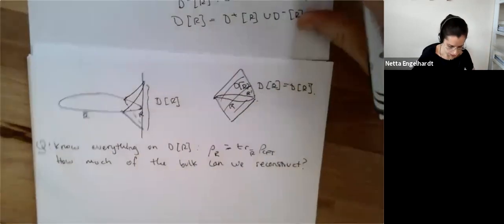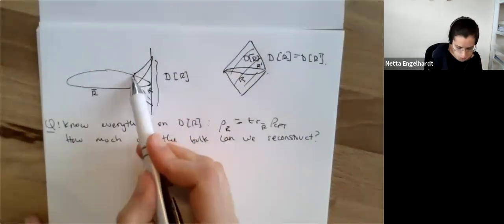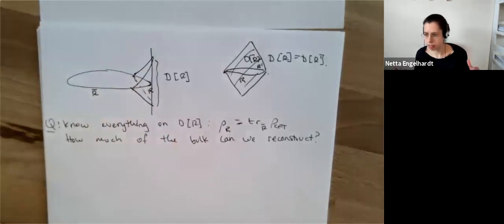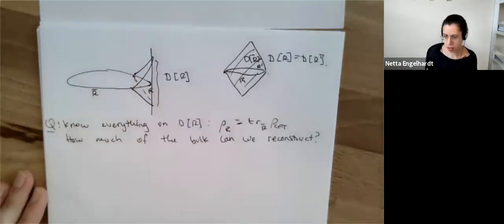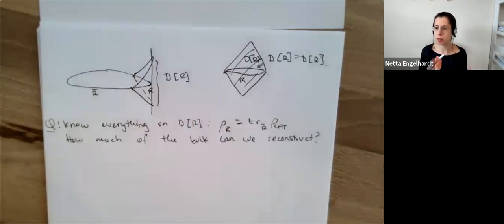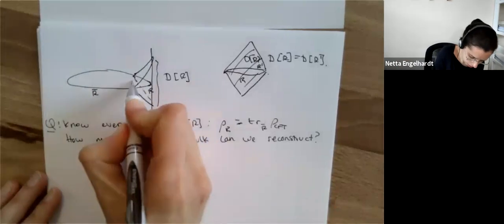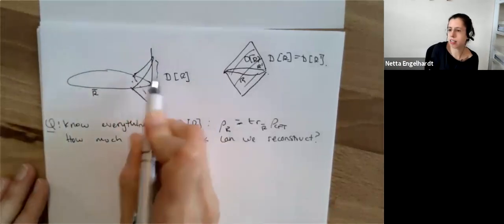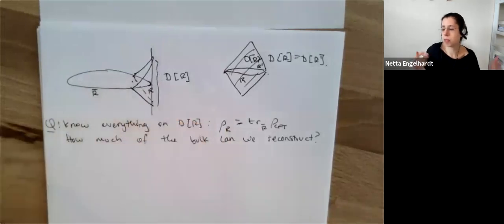If you look at this region, the most natural part of the bulk to be dual to this domain of dependence would be essentially every point in the bulk that you can reach starting in D of R and ending in D of R by some causal curve.